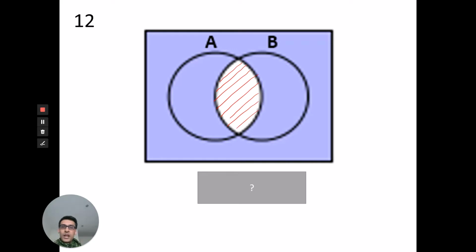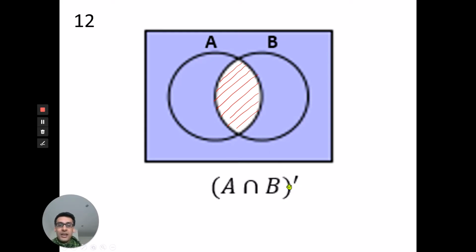Now we know that the bit that I've just crosshatched here is A intersection B, and I've obviously shaded in everything except that. So this is going to be A intersection B in brackets and then not. So it's anything that is not A intersection B has been shaded in.